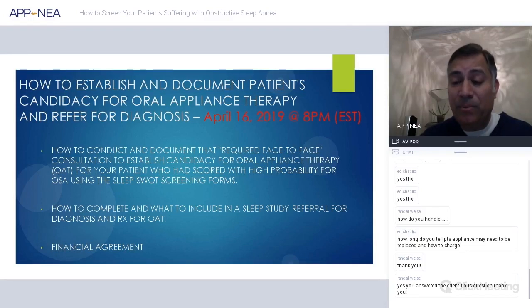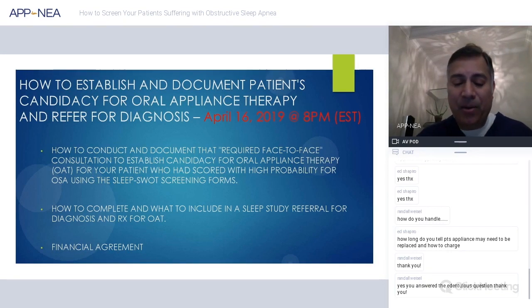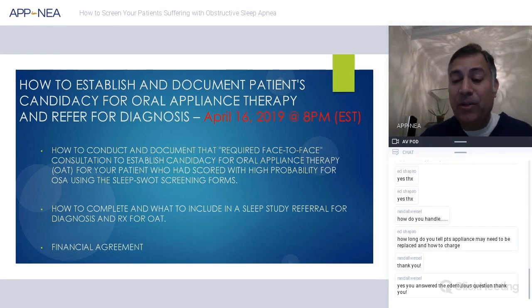By the way, the Oral Appliance care instruction form is available for you guys as part of the FAQs, and also as part of the workflow. When you deliver an appliance, at the time that you close out that form, the proof of delivery of the appliance is generated, and care instructions as well are generated.